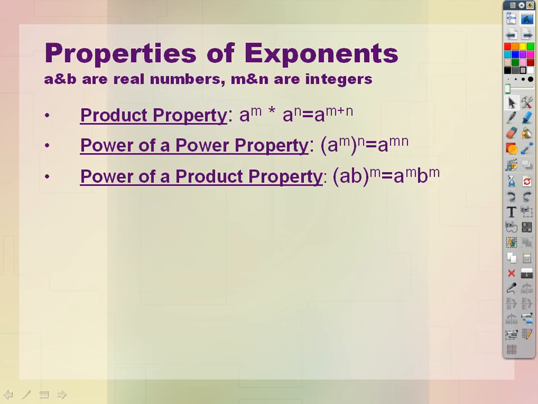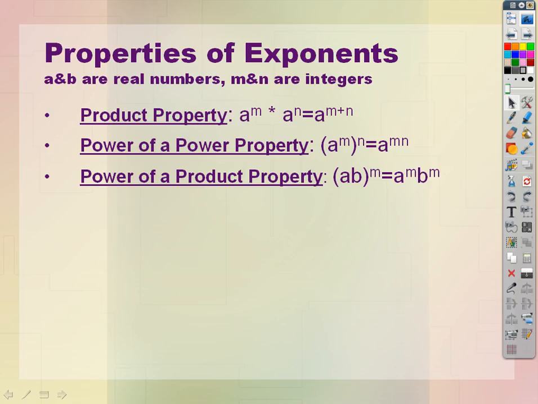Power of product property. Okay, now this one we gotta be careful on a little bit. If I take the power of a product, so in other words, I've got a product of two or more factors in parentheses that are all being taken to a common power. What this tells me is in that case, I can distribute the exponent to all of the factors.